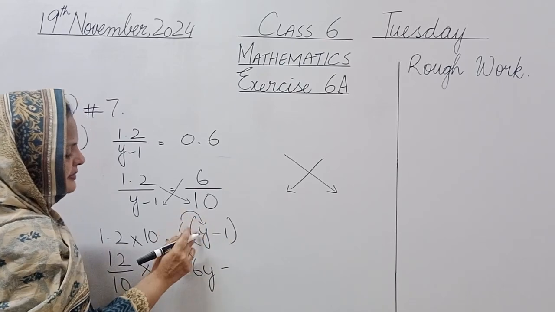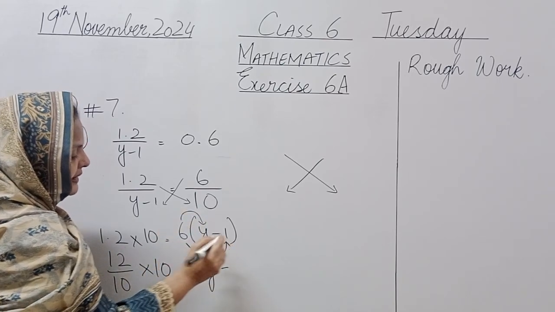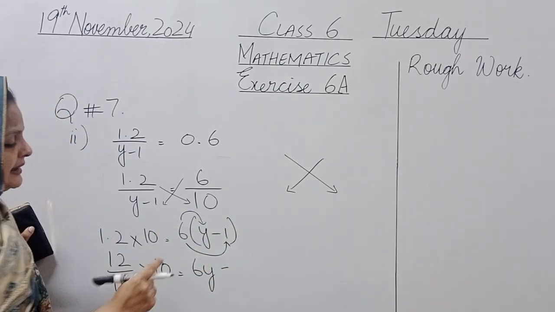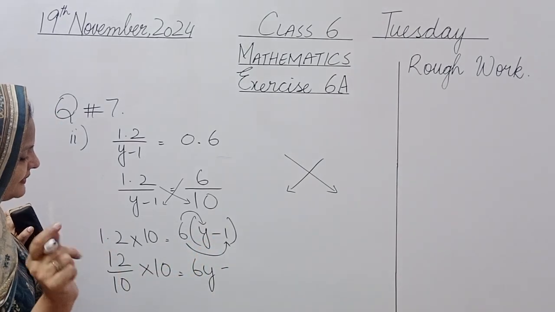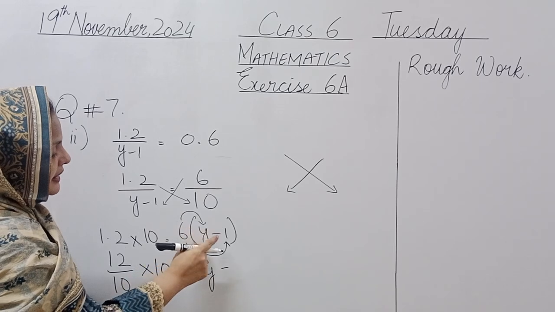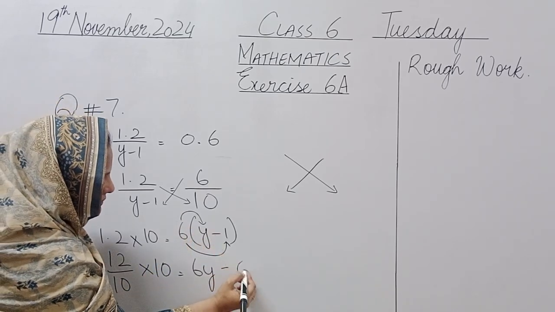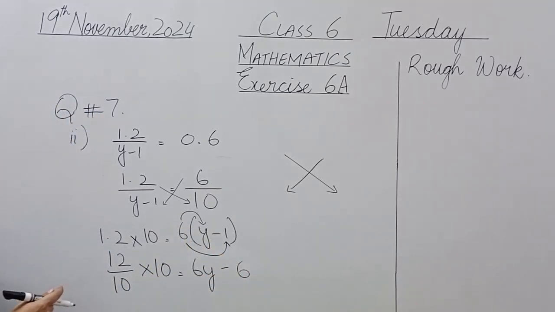See, first we will multiply 6 with y, the first number, then we will multiply 6 with the second number. Minus and plus is always minus. Very good. Now see, 6 multiplied by 1 is 6. What are we going to do here when we have 10 as a divisor and 10 as a multiplicand as well?